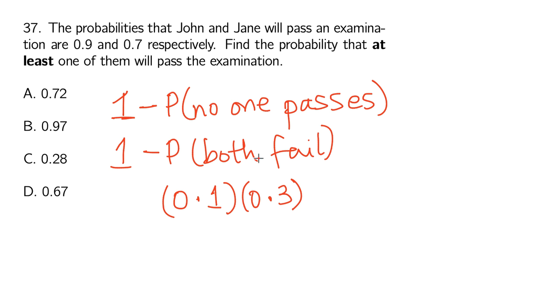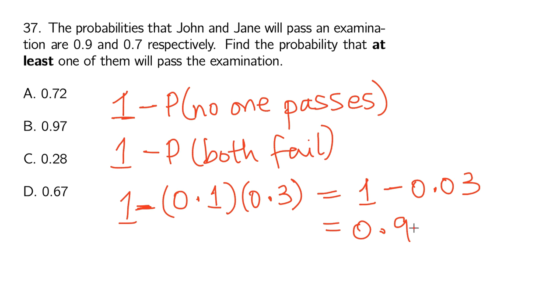So the probability that both fail is 0.1 times 0.3. Now if you write 1 minus the probability that both fail, we get 1 minus 0.03, which is equal to 0.97. So this is the probability that at least one of them will pass the examination.